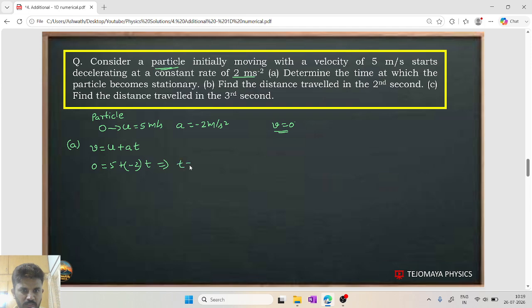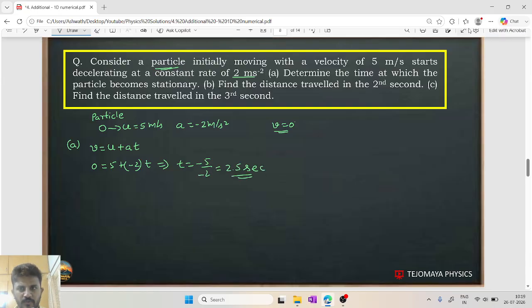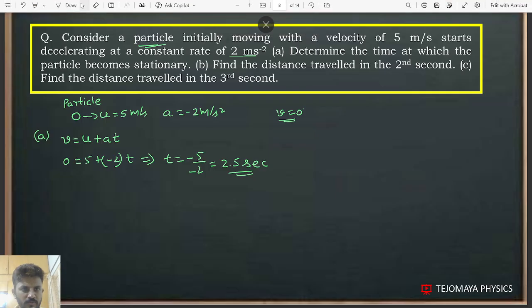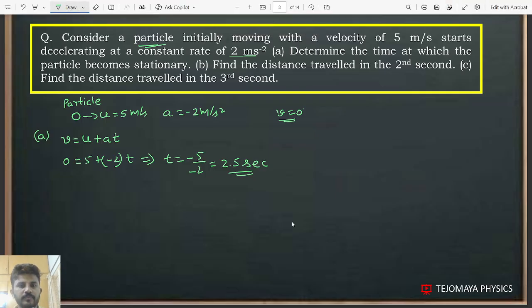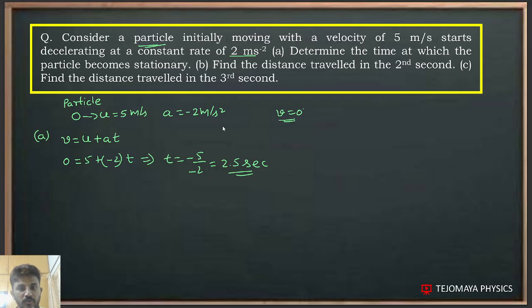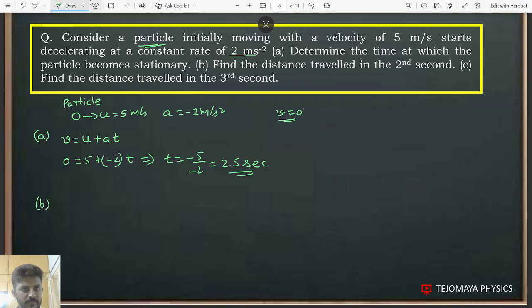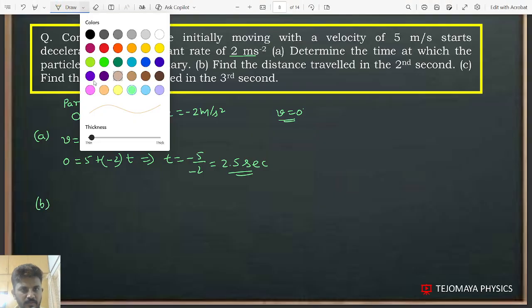So t is equal to minus 5 by minus 2, that is equal to 2.5 seconds. So the particle is going to stop after 2.5 seconds. So they're asking you to calculate. Second question.